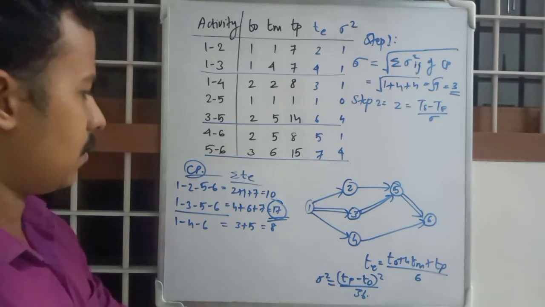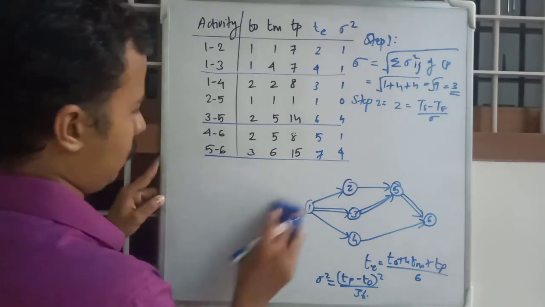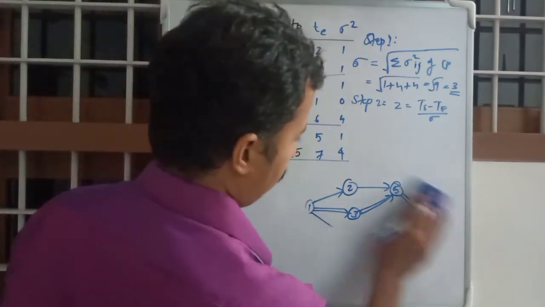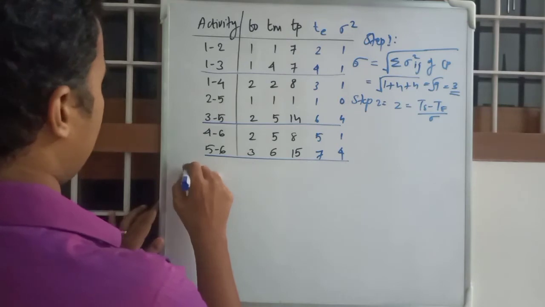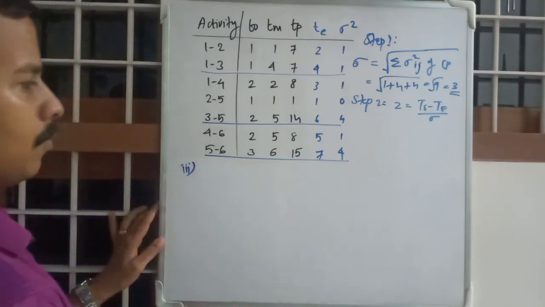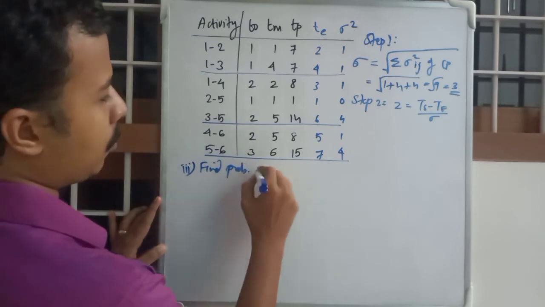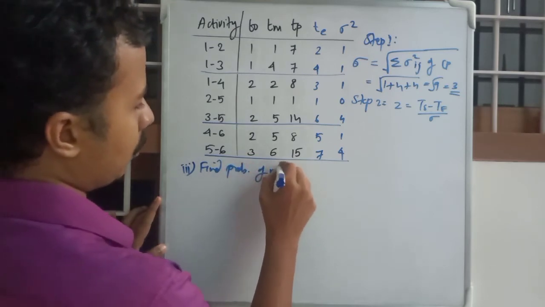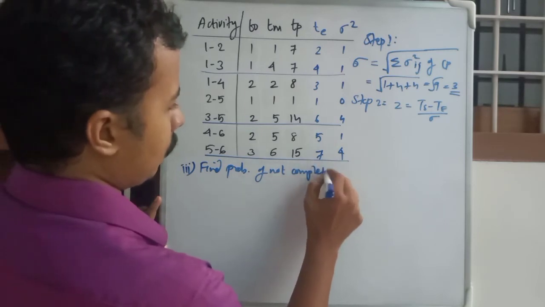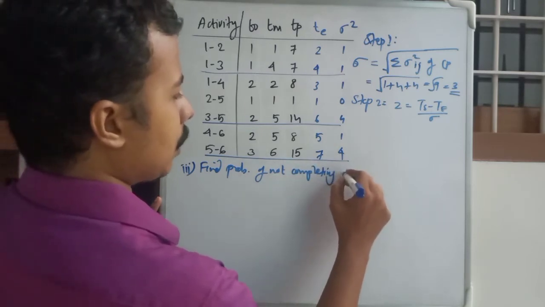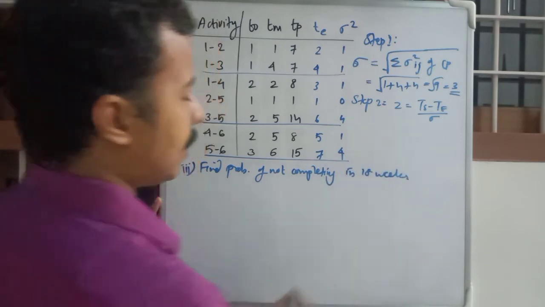So first case, find the probability of not completing in 18 weeks.